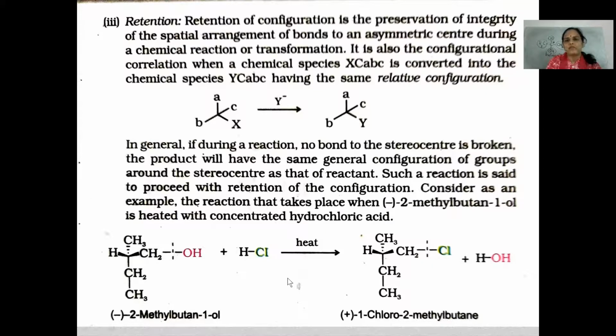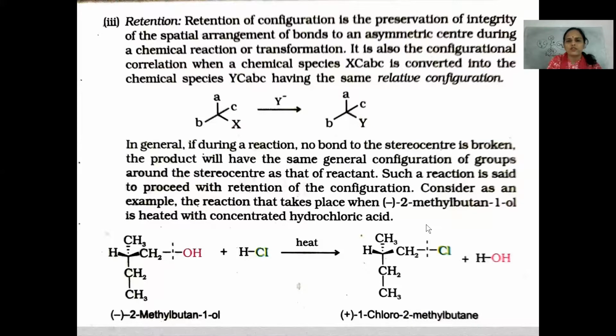So OH getting replaced with Cl, such a reaction is said to proceed with retention of the configuration. Only X gets replaced with Y. So here OH is getting replaced with Cl and H2O is removed. Such types of reactions proceed via retention of configuration.